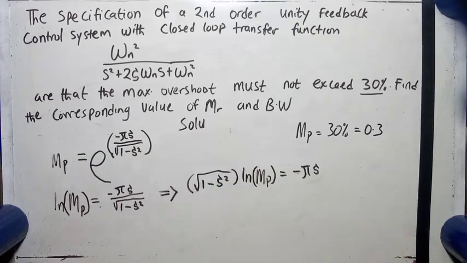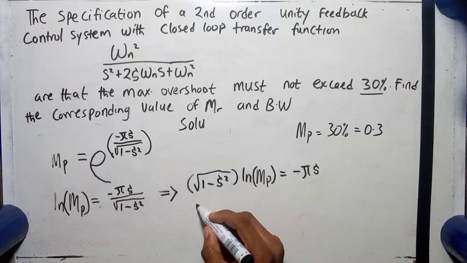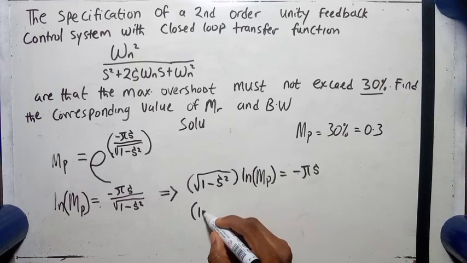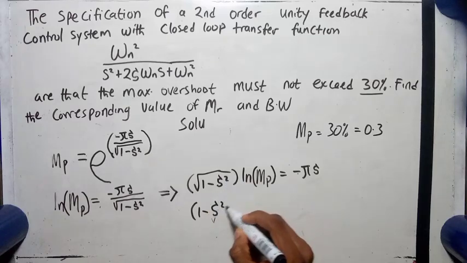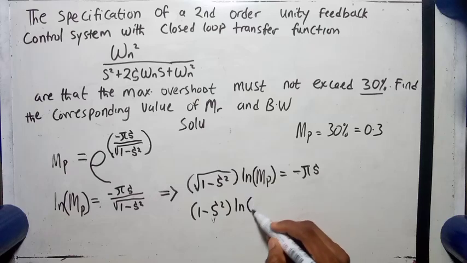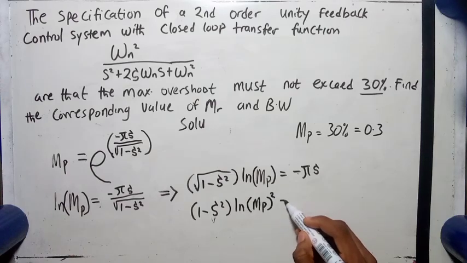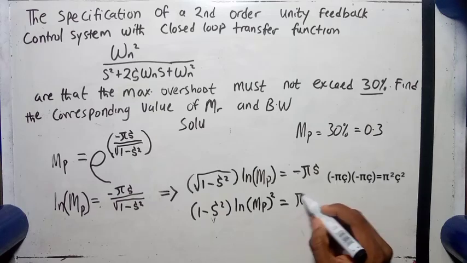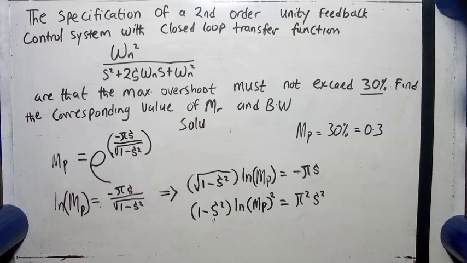Okay, now let's get rid of this square root sign. So let's square both sides. When we do that, we have in brackets 1 minus zeta square times natural log of MP squared is equal to pi square zeta square.